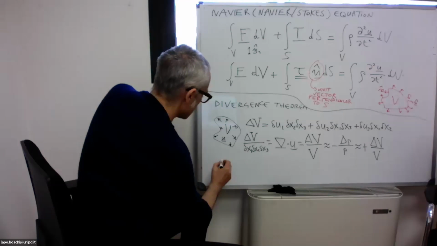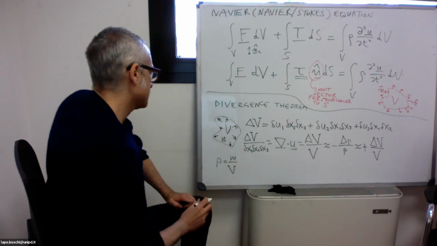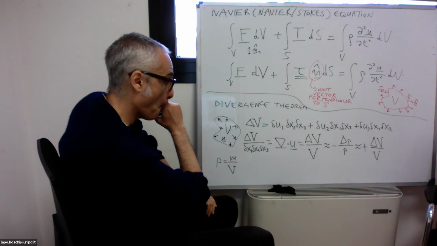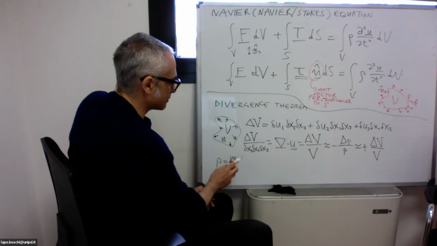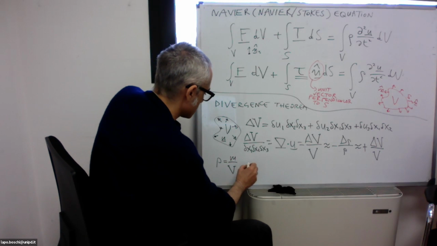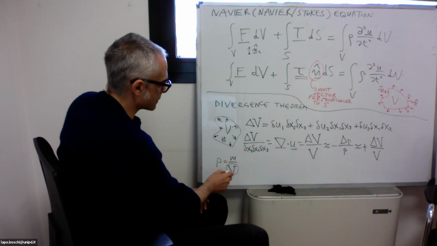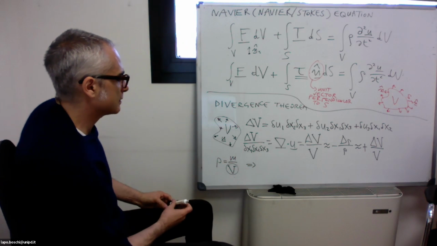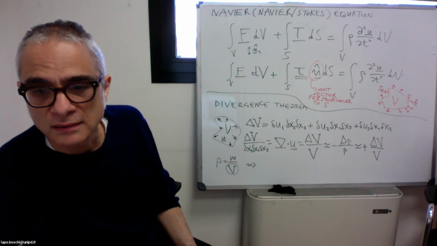And remember that rho equals m over V. So for the exact same reason, you can show that now, instead of differentiating here, if you take V to be constant, you can prove that and it sort of works in the same way.